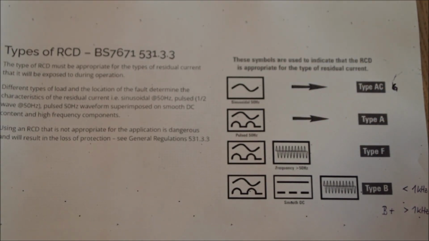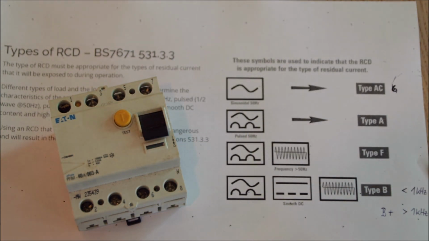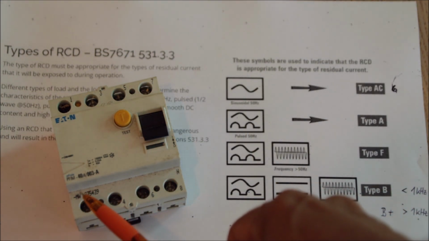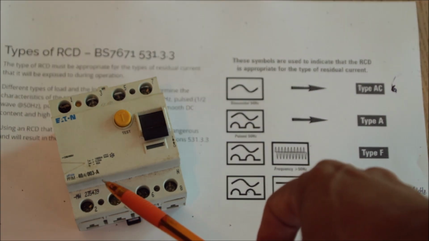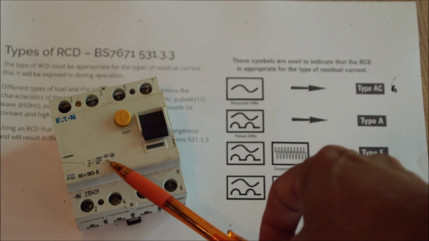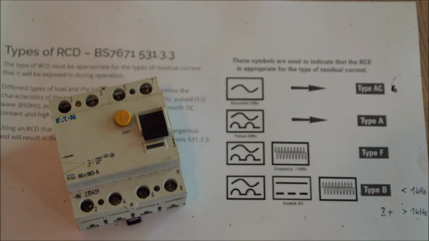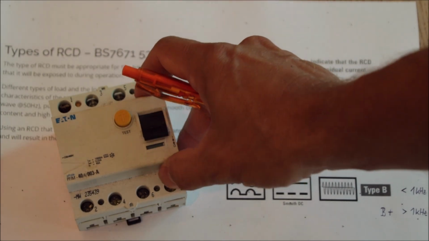You can find it somewhere in the name of the RCD, and the symbol must also be printed on the front of the device itself.